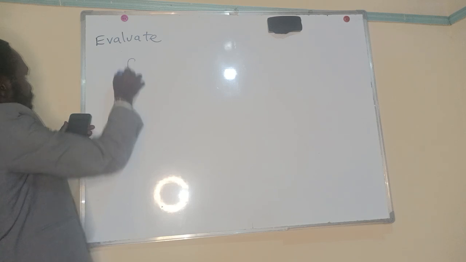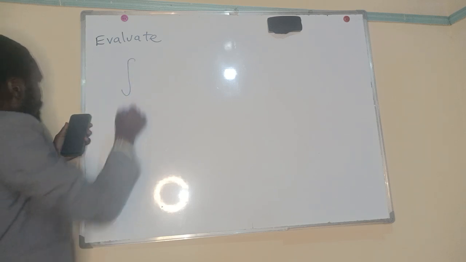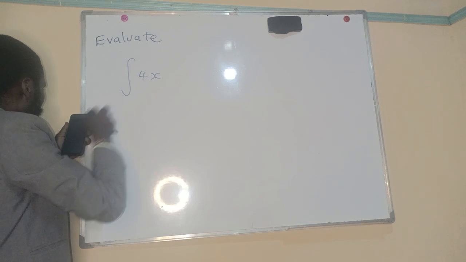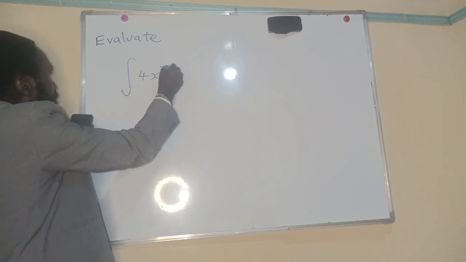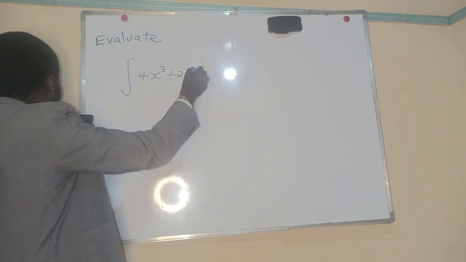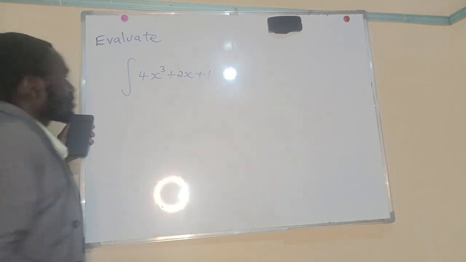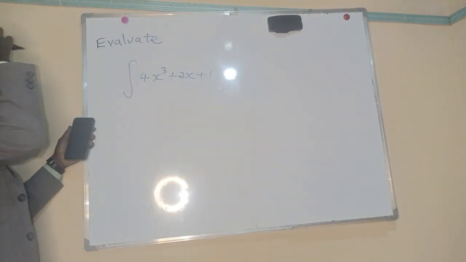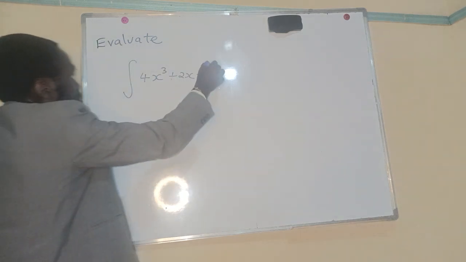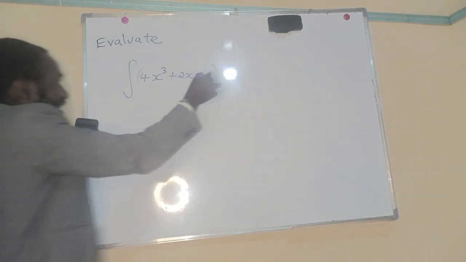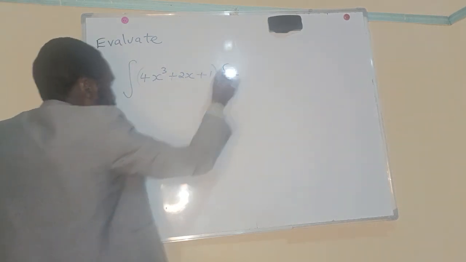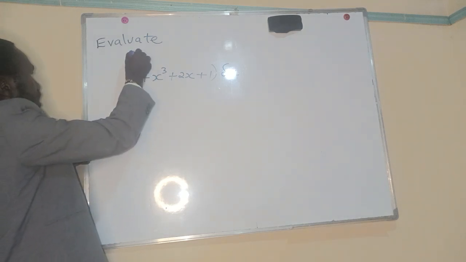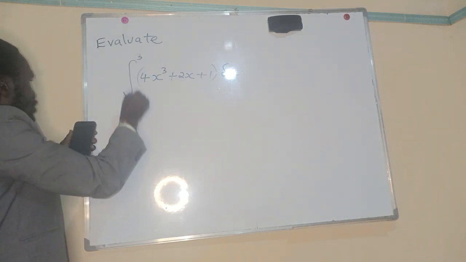So you have been told to integrate this expression, that is 4x cubic plus 2x plus 1. So this is a cubic function. We are told to integrate this cubic function with respect to change in x, and the limits given in this integration are 3 and negative 2.